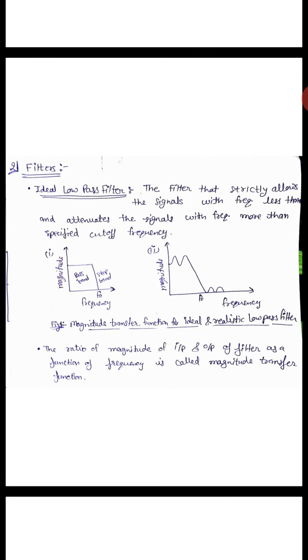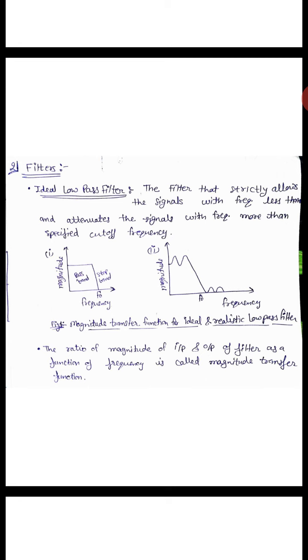Now comes the next topic, that is filters. We will discuss different types of filters. First is the ideal low pass filter. A filter that strictly allows the signals with frequency less than the cutoff frequency and attenuates the signals with frequency more than the specified cutoff frequency.